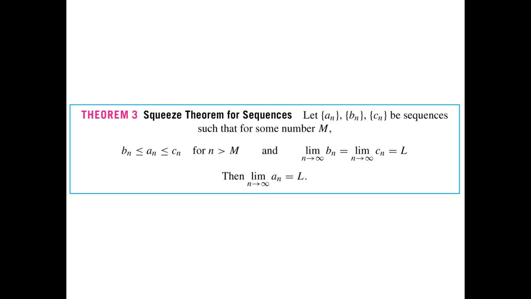That's the squeeze theorem. No matter what they're doing before you get past m, once you get past m, it's always going to be true that b is less than a is less than c, and if b and c are both going to one limit, a's got to go there. It can't get out. It's stuck between them, sandwiched between the two.